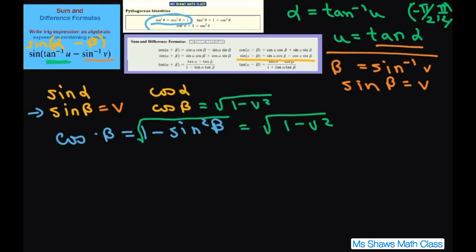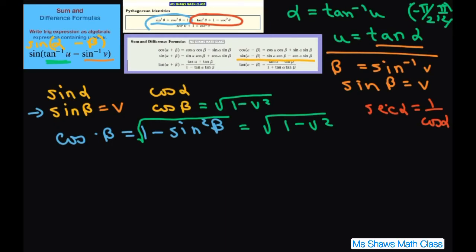Now all we have is tan. So for tan, I have my identity here with the tan in it. And I know that secant is 1 divided by cosine of alpha.